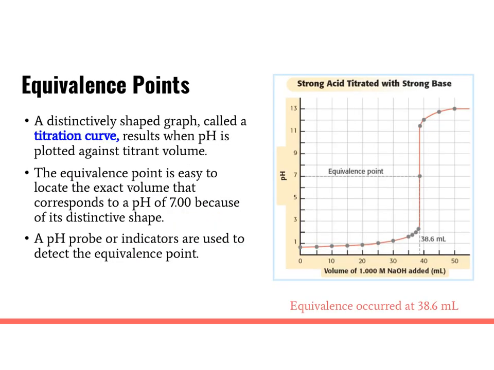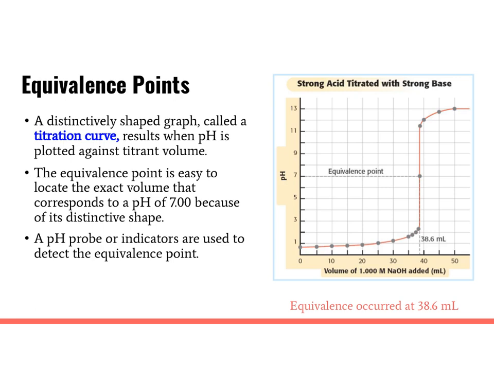So if we were to go through and plot our data, what we would end up seeing is called a titration curve. We have pH here on the y-axis, and then we also have the volume of the NaOH here on the x-axis.